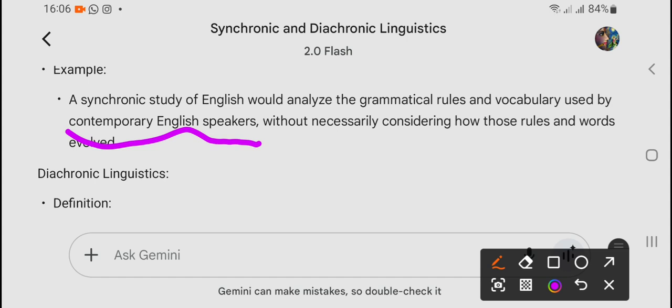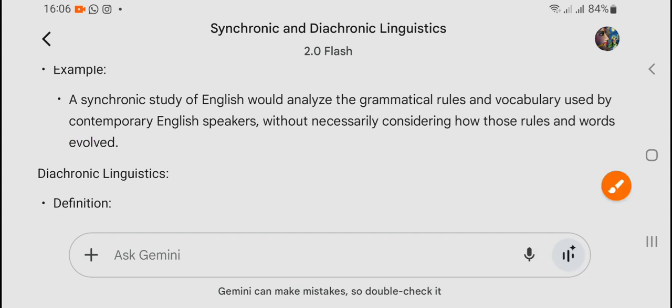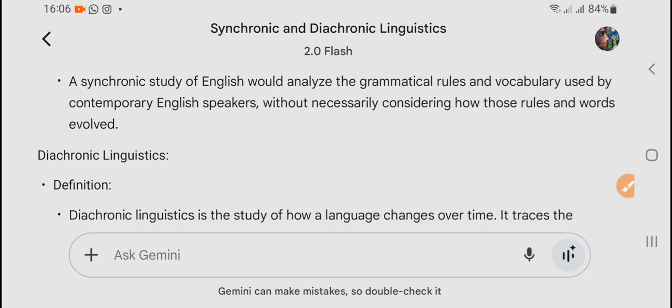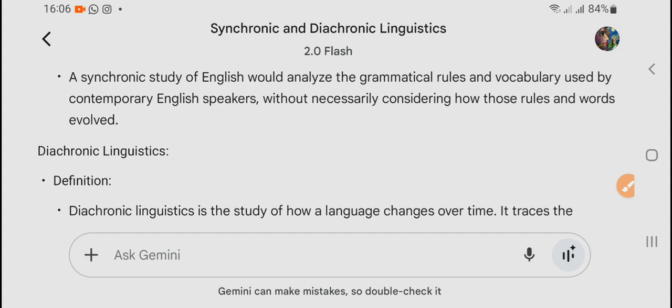So that if I use them, we are known as contemporary English speakers. So that's the purpose: you have to survive, you have to move among the people where they speak modern English. So a synchronic study of English would analyze the grammatical rules and vocabulary used by contemporary English speakers.